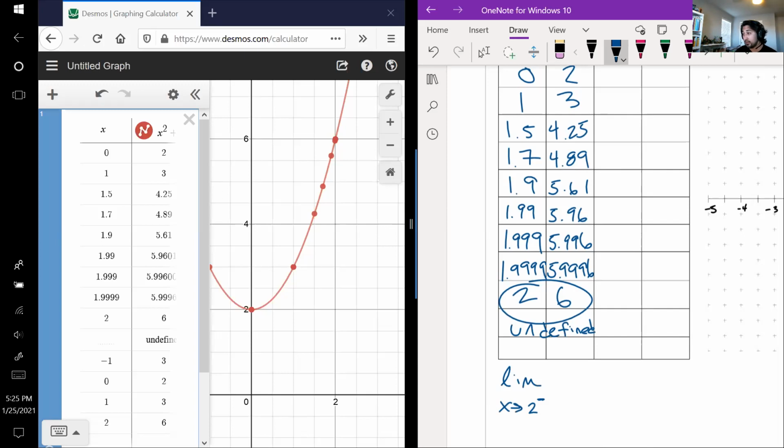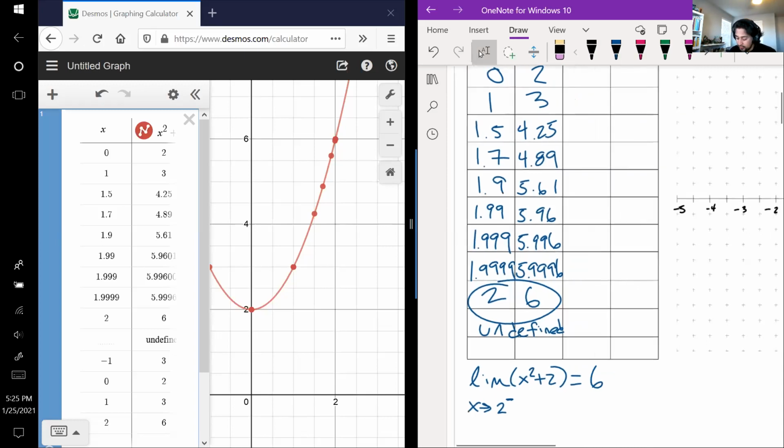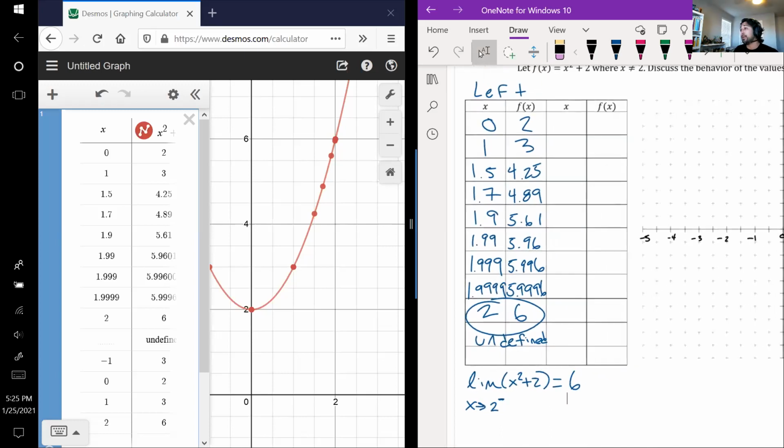So we're going to say the limit as x approaches 2 from the left of the function x squared plus 2 will equal, and just like we did on the chart above, as x approached 2 from the left, my y values got closer and closer to what number? 6. 6. There you go. And that is a left-hand limit. So now we know the limit from the left is 6.